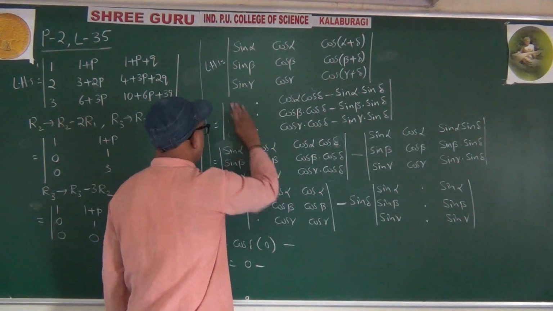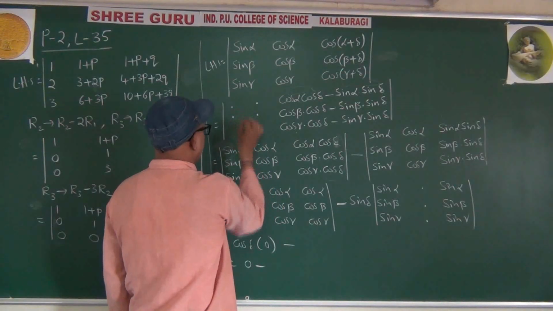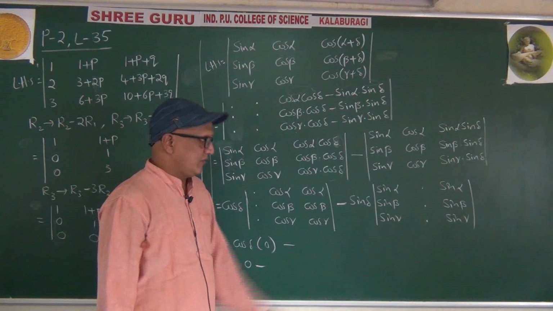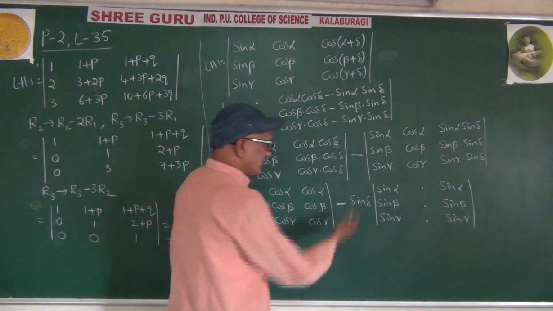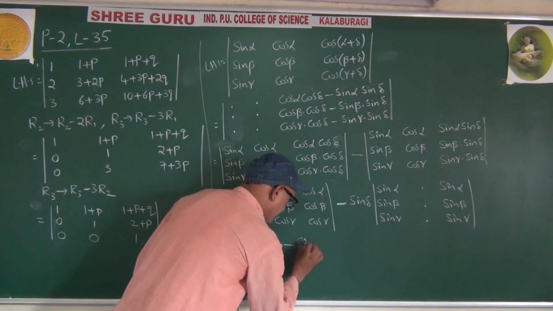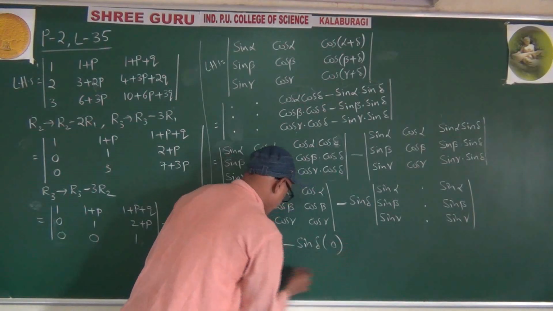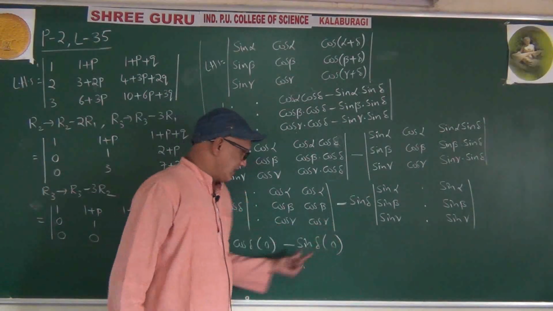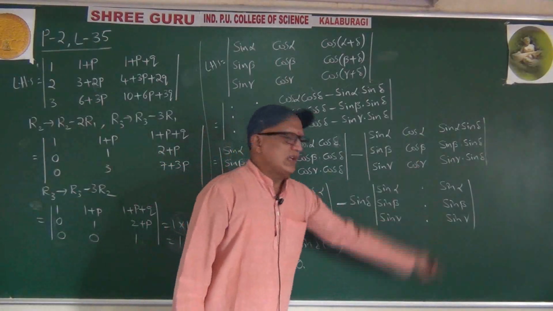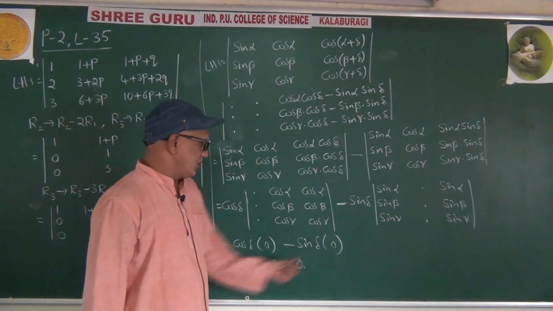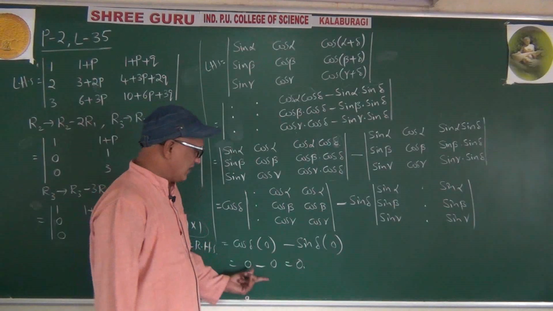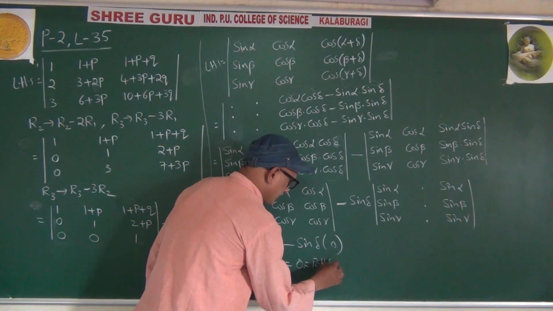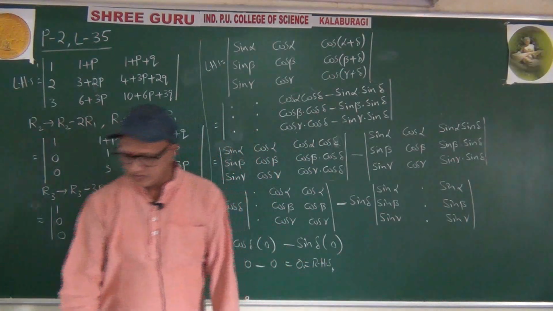Okay? One mark cut if you put dots like that. Sin delta into two columns are same, answer 0. 0 minus 0, calculate carefully, you will get 0 equal to RHS. Right?